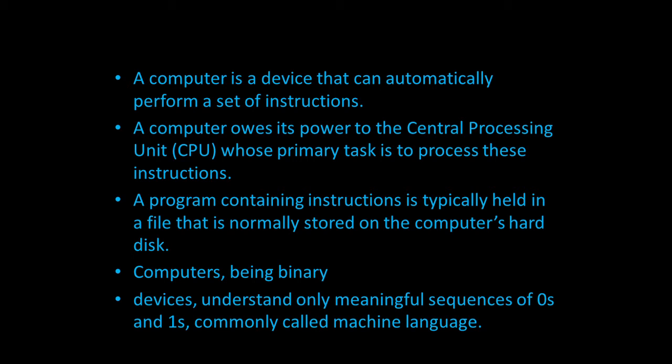However, the programs we write are not the ones that are executed. Why? Computers, being binary devices, understand only meaningful sequences of 0s and 1s, commonly called machine language. Thus, all instructions and data must be input to the CPU in machine language, 0s and 1s.